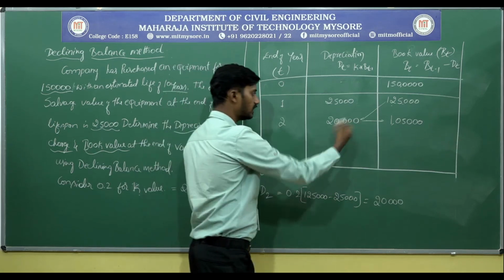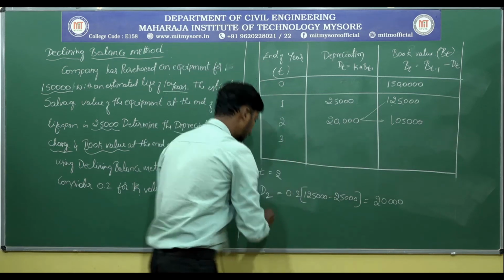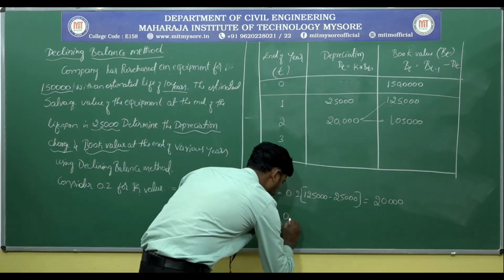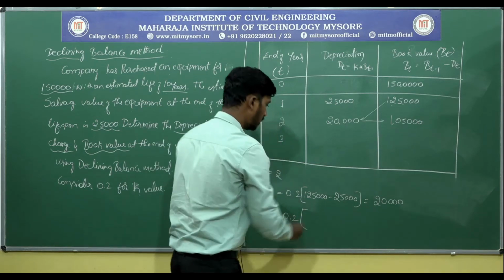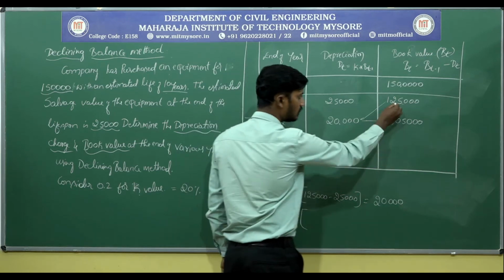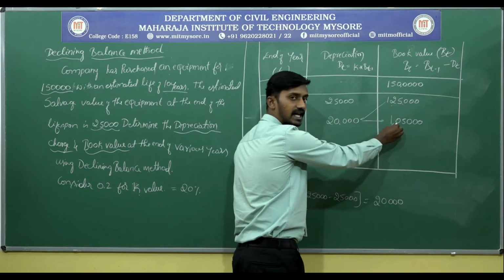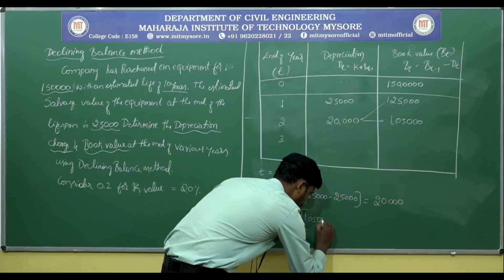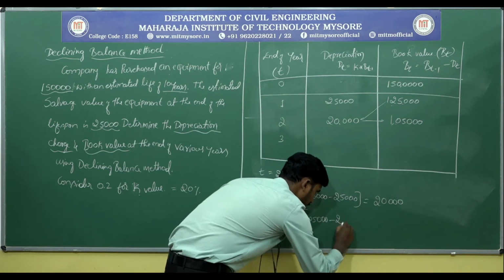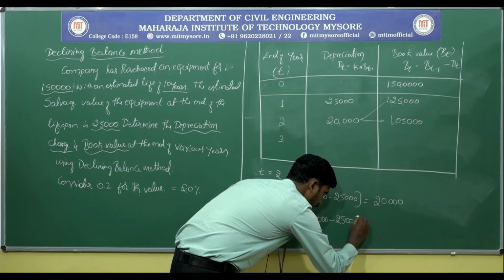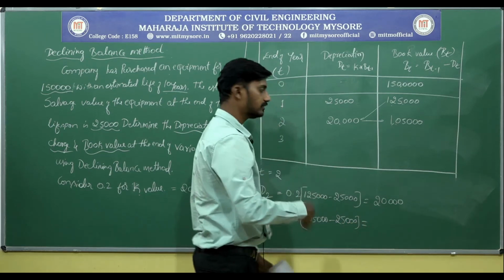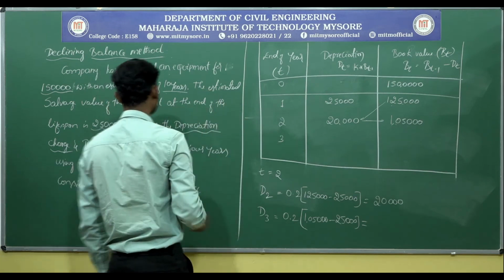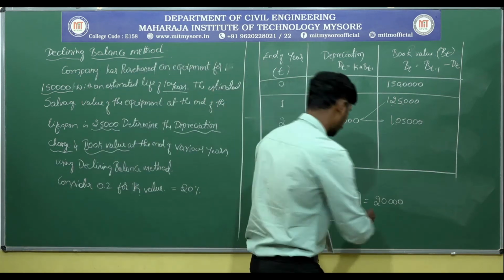Same way if you want to calculate for third year, it will be D3, again 0.2 multiplied by, instead of 1,25,000, now you should use 1,05,000 minus 25,000. This 25,000 will remain constant because it is given as the salvage value.